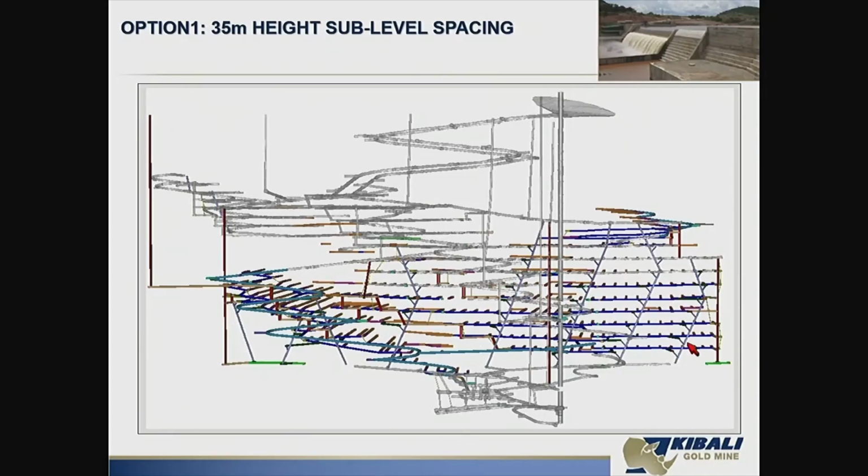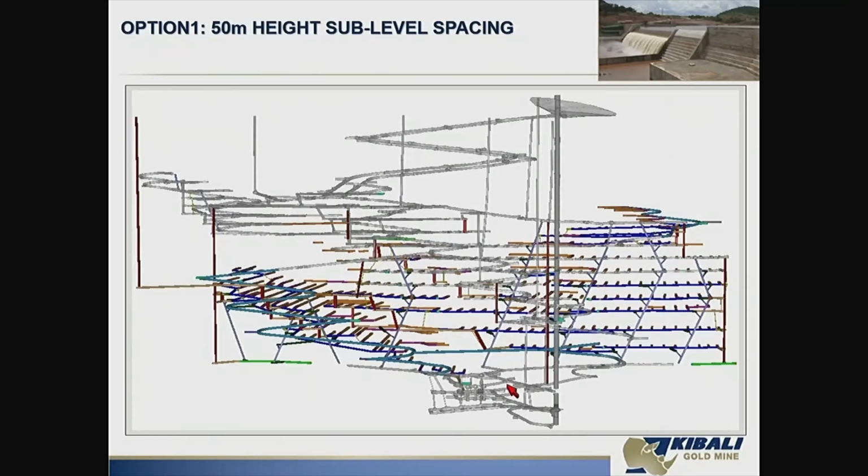It's not the full mine. In this specific study, we're looking at this area of the mine because of the geology and some other aspects. And this is the second option. We have a 50-meter level spacing. As you can notice, we have fewer levels in the second option compared to the first option.